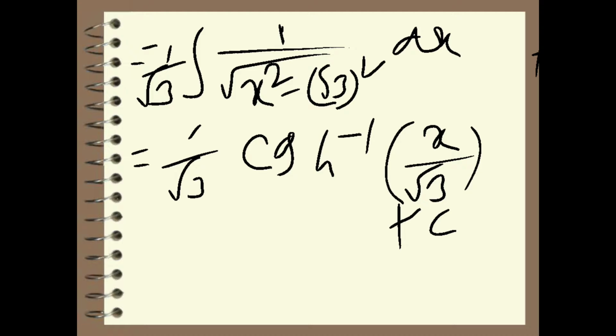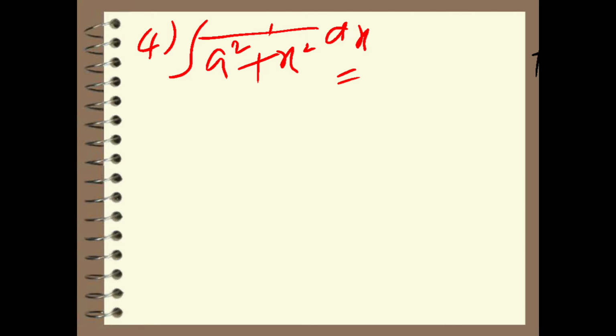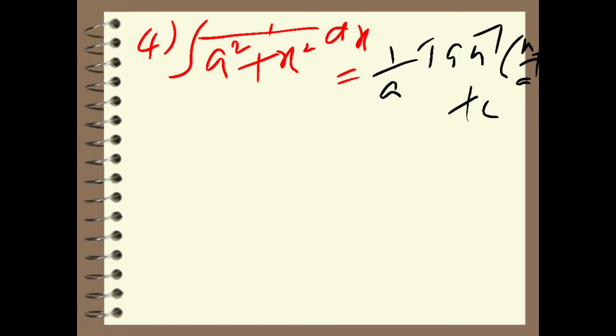As you know, 1 by a square plus x square into dx is equal to 1 by x square plus a square. So if plus is there between two terms, then both are equal. So here root is not there. So 1 by a tan inverse x by a plus c is the formula.